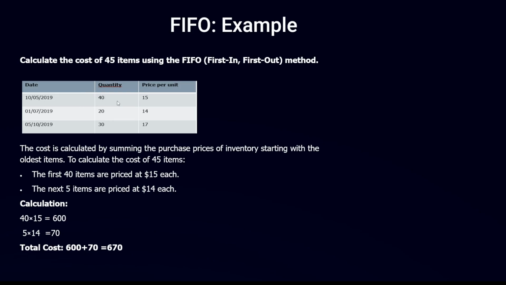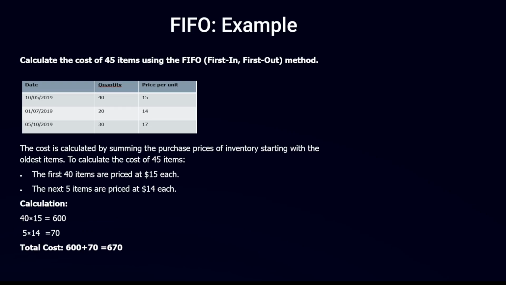We look at the first line. We have 40 items. We calculate 40 multiplied by 15. As you can see here, 40 items are priced at 15 each. Now we have 5 remaining because we said that we have 45 to be used. We go to the price for the second item, which is 14, and 5 multiplied by 14 gives 70.